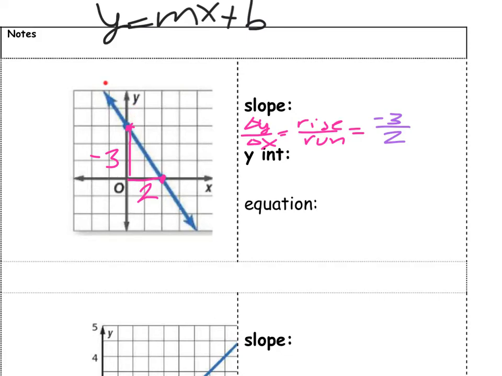When our line is going from quadrant 2 down to quadrant 4, our slope is going to be negative.